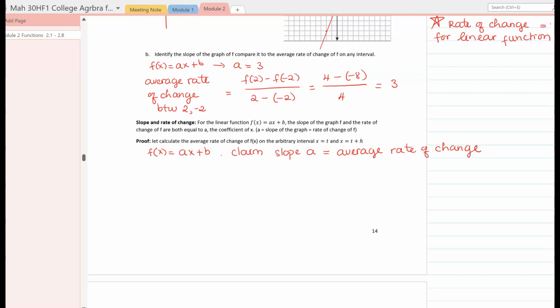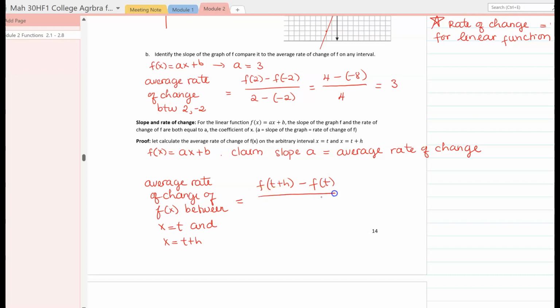Okay, so let's calculate the average rate of change between t and t + h. It's given by the formula f(t + h) minus f(t), divided by t + h minus t.